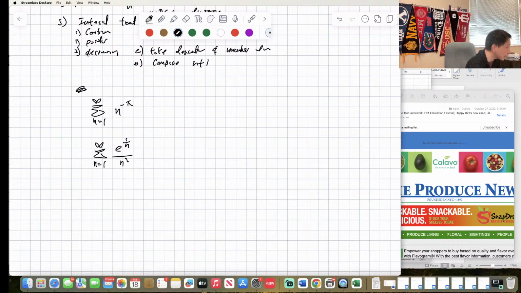If you're up to this point and you cannot do quotient rule, that's bad. You know it's decreasing, but you still have to prove to me it's decreasing.